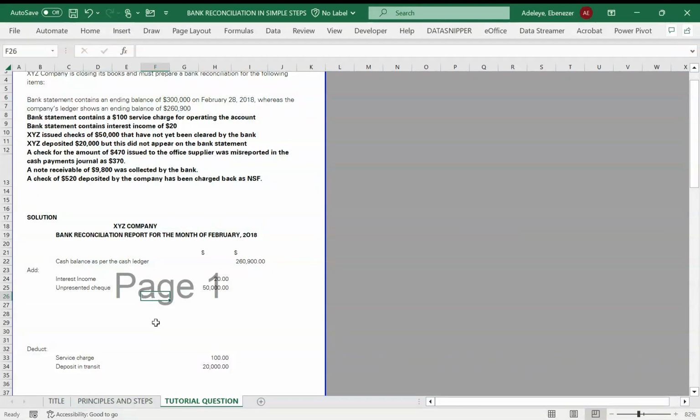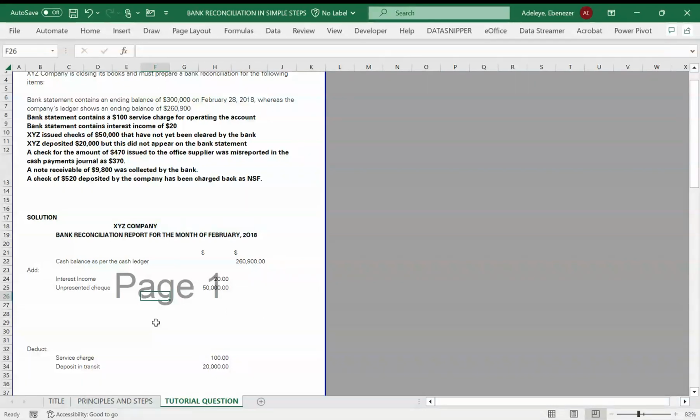Once you have mastered that, then you can be netting off and passing the net as a journal. But for the sake of explaining for the first time, let us reverse the erroneous entry and pass the correct entry.